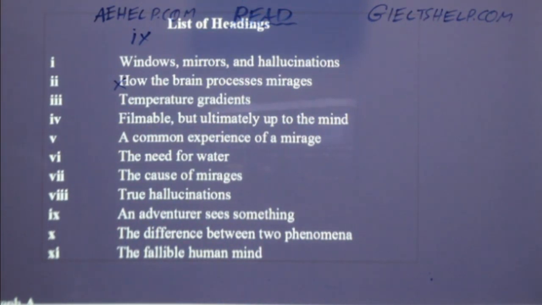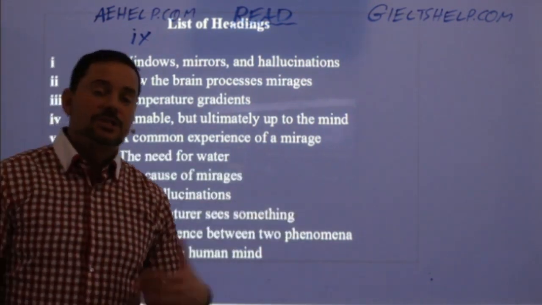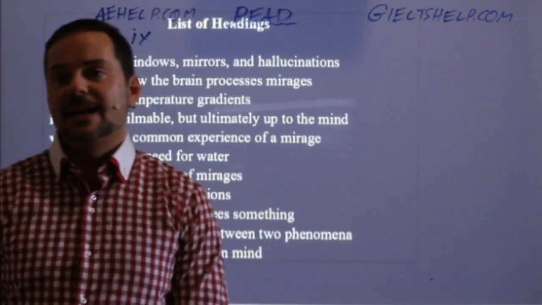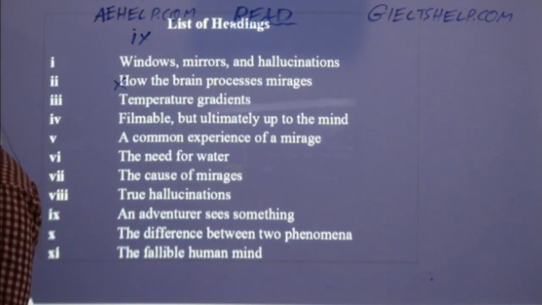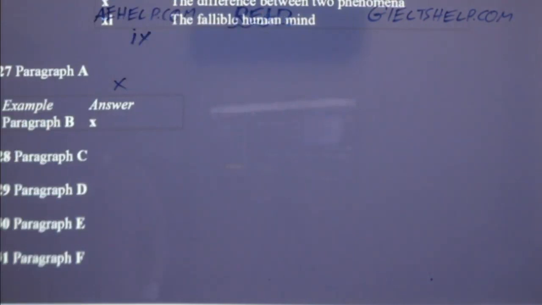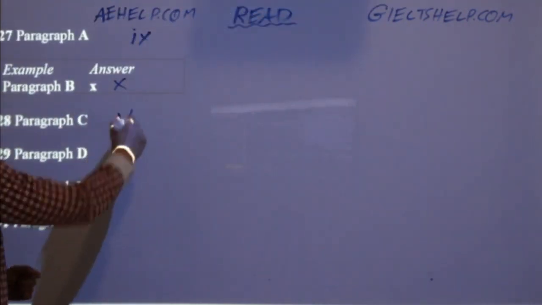And we have a unanimous number 5 here. A common experience of a mirage. Yeah, which is seeing the water in the distance, in the road on these days. Right. Absolutely. Joanne Justy, very good. Joining in. Excellent. So, here we have our answer number 5. Okay, we're halfway done. We're doing great.